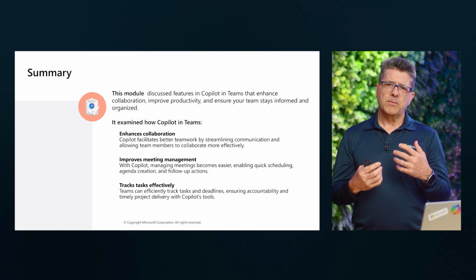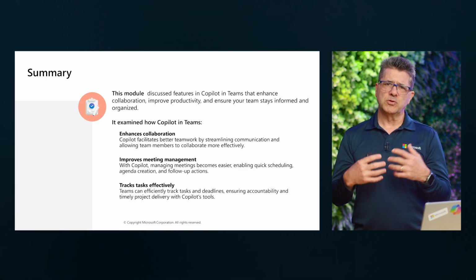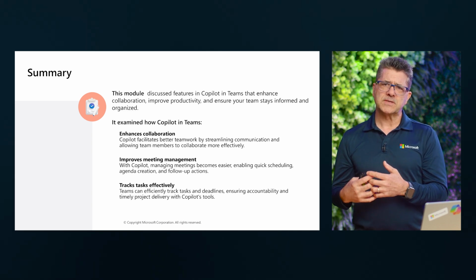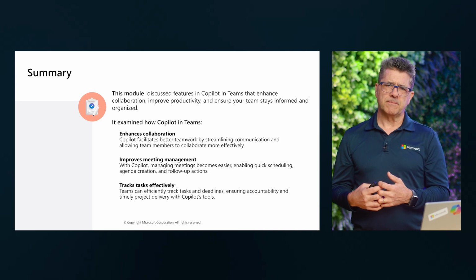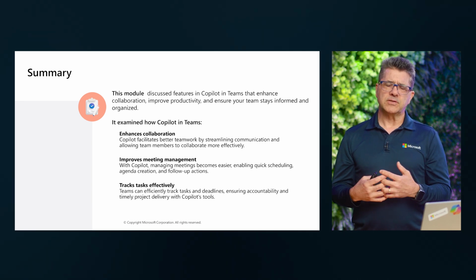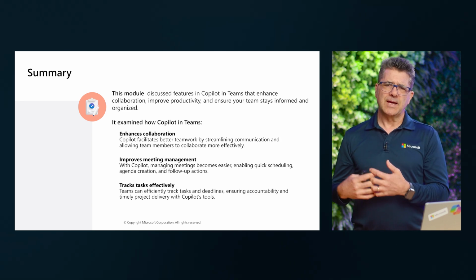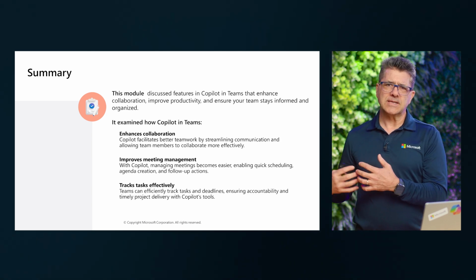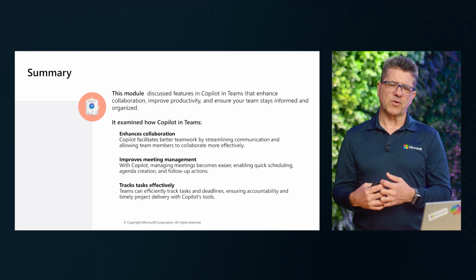And also to help you improve that meeting experience and meeting management, work with the teams, follow-ups, and actions, making it easy for you and your team to collaborate. We also talked about tracking tasks effectively, to help your AI assistant ensure that you are on track with your projects.